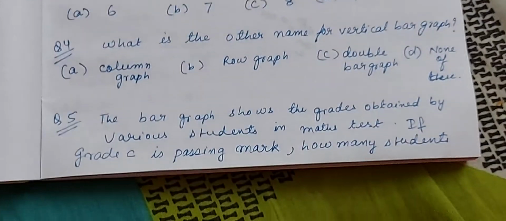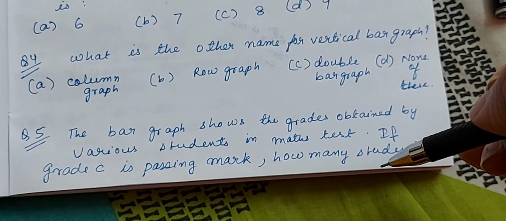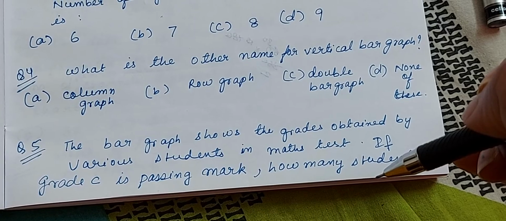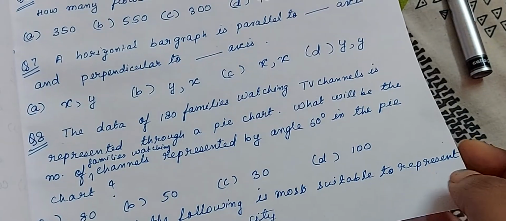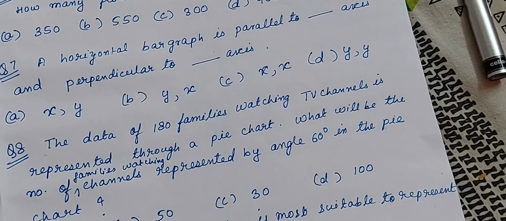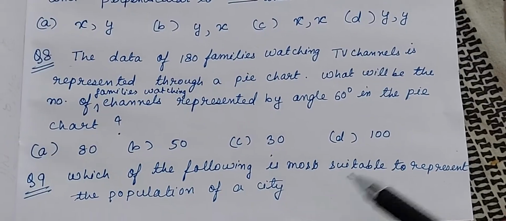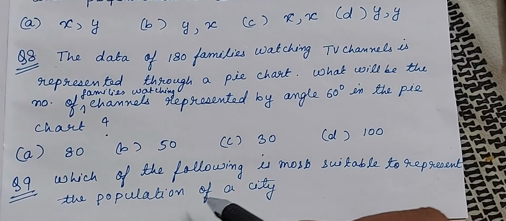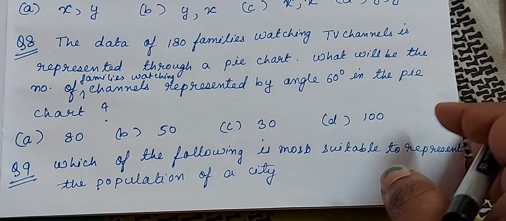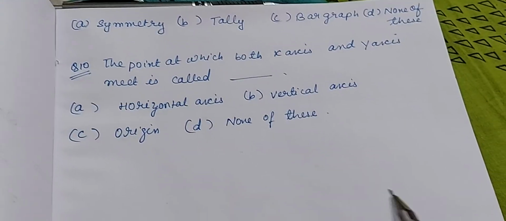See, a bar graph, sorry. Which of the following is most suitable to represent the population of a city? Question number 9. Symmetry, tally, bar graph, none of these.